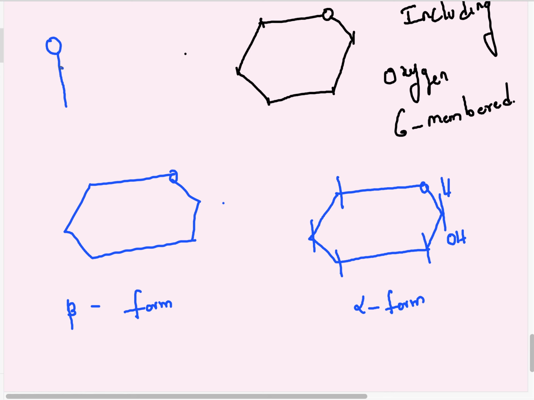This is the glucose skeleton also. And you can draw this one. How easy it is. Second carbon, third carbon, fourth carbon, fifth carbon. Sixth carbon, no problem. That is CH2OH, right?